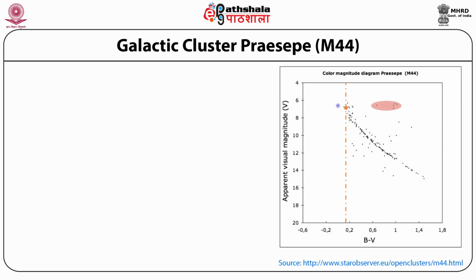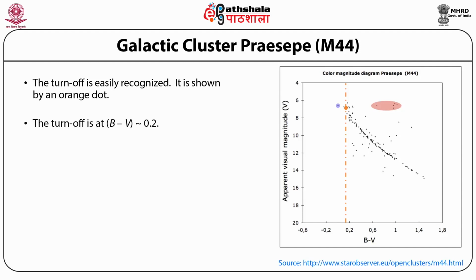Galactic cluster Praesepe M44. Now this shows the CM diagram of the open cluster Praesepe M44, and here the turn-off is easily recognized and shown by the orange dot, and the turn-off is at B minus V approximately 0.2.